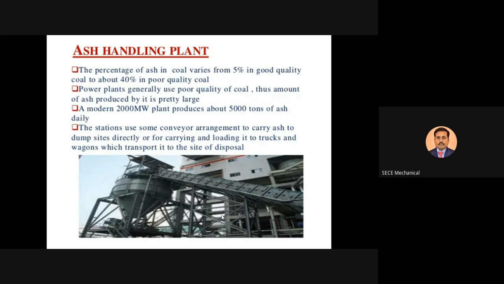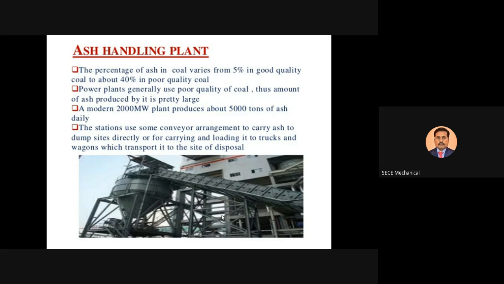How the fired coal is converted into ash, then how the ash is separated, then how it goes to the storage area with the help of the ash handling system. All those things we are going to discuss in the next slides. Here you can see the ash handling plant.